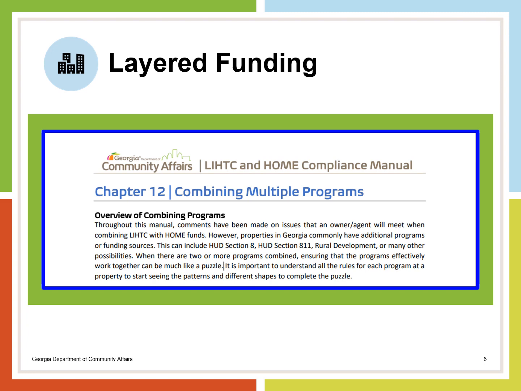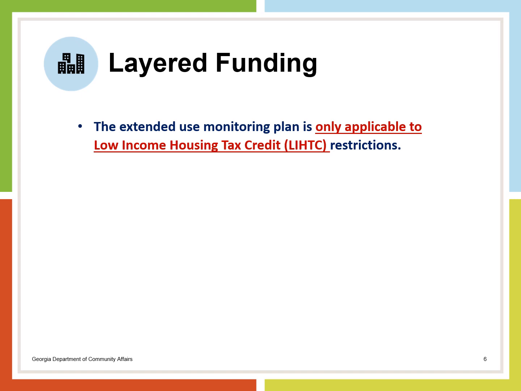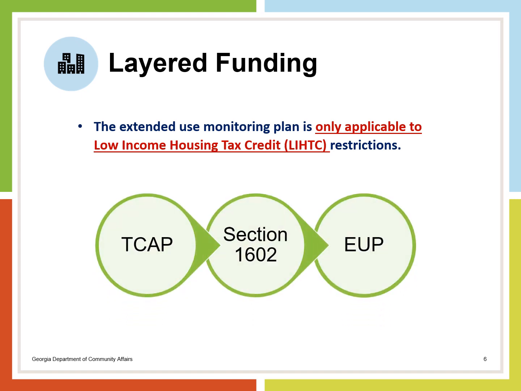The Extended Use Monitoring Plan is only applicable to low-income housing tax credit, or LIHTC, restrictions. Due to the consequences of the recession that began in 2008, the American Recovery and Reinvestment Act, also known as ARRA, of 2009 established two temporary programs providing state allocating agencies with tools to help certain LIHTC financed projects to close financing gaps created by reduced credit pricing and lack of syndicator equity.